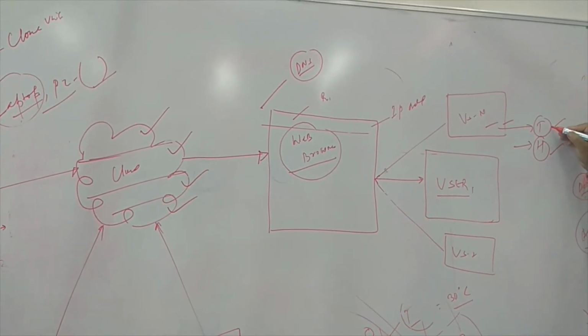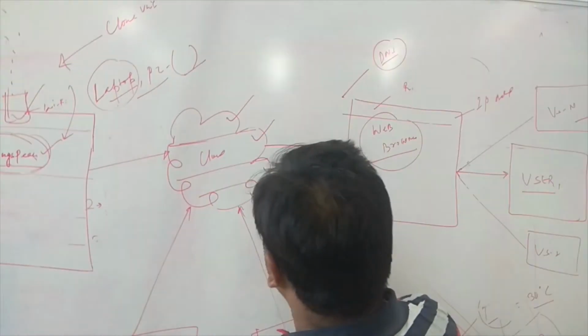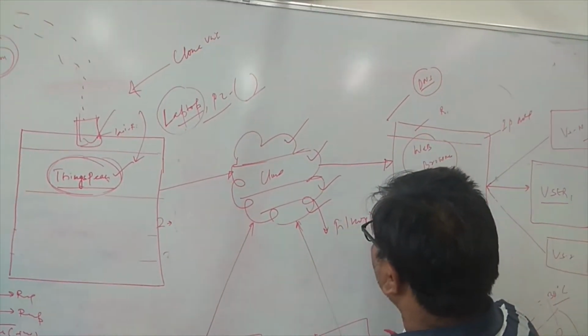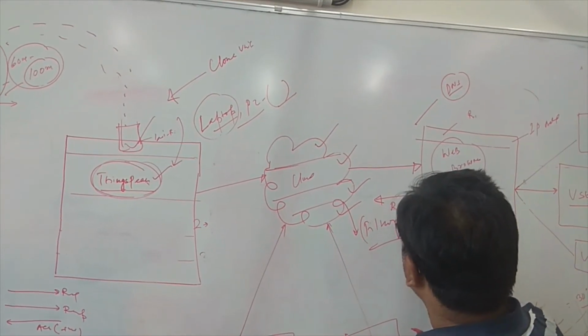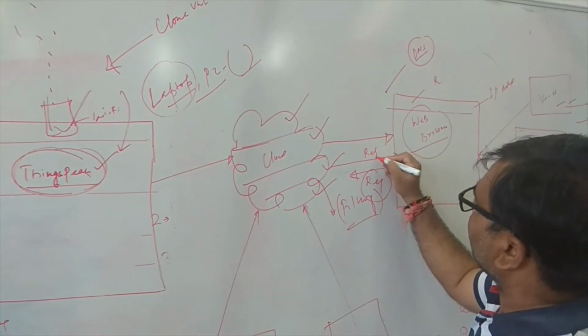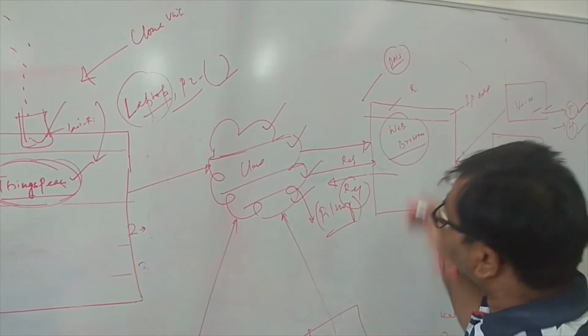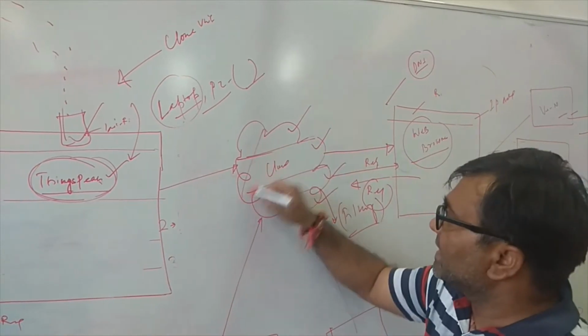Sometimes if they are looking for the temperature only, then at the cloud the filtering is also there. Whichever type of request is demanded by the user, the cloud will respond in that way. If they are looking for the temperature only, then only the temperature is shown, not the other parameter. So the filtering process is there.